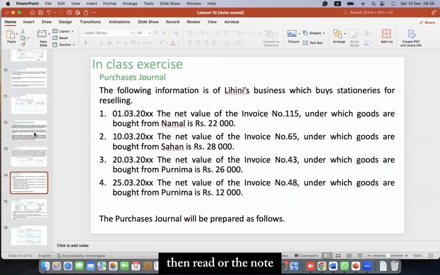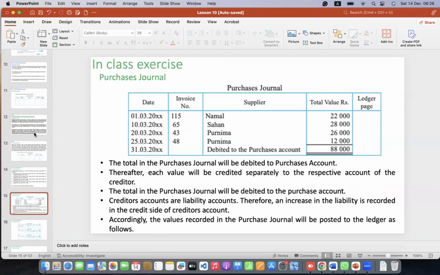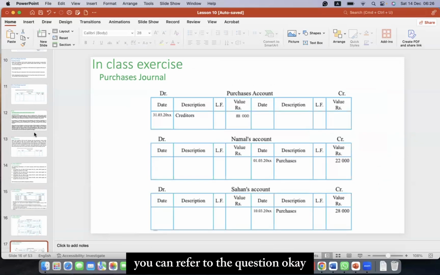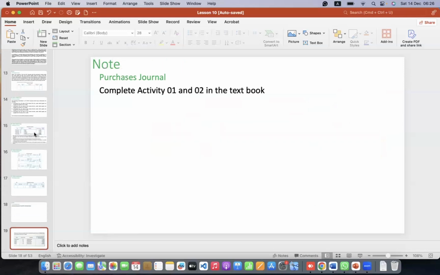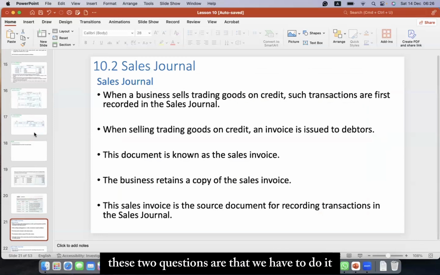Then we wrote the note and we did a question. If you have missed the class, you can refer to the question. These two questions are there. We have to do them.